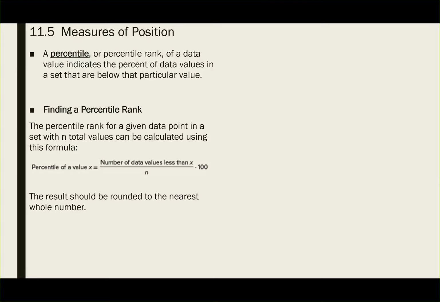Percentile rank basically tells you how many data are below that particular data. So if you were to take an ACT and the report comes back and says you are at the 95th percentile for the math or for the English, meaning 94% of the people who take the test are below you.